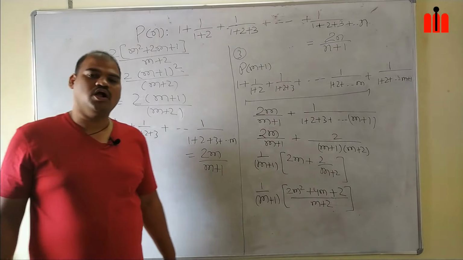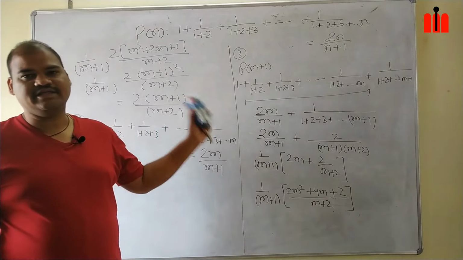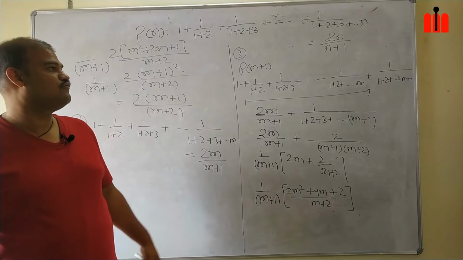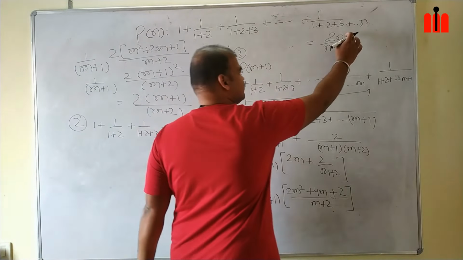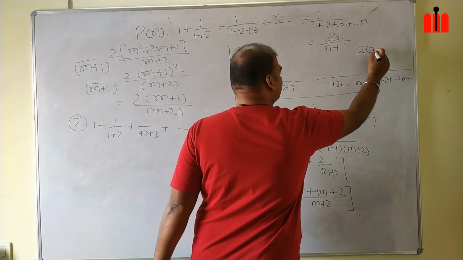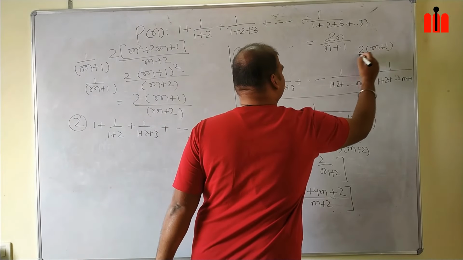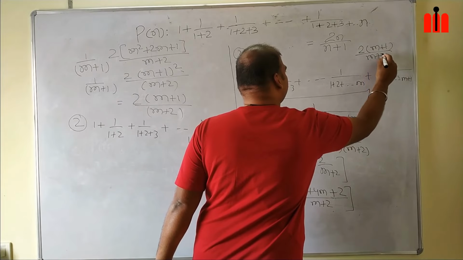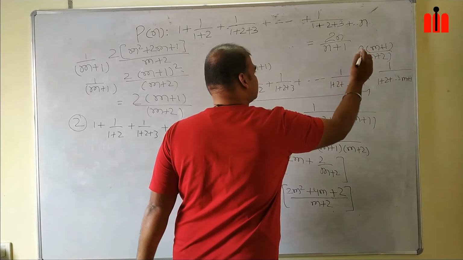Okay. Now what should be my RHS of P(m+1)? For that, let us substitute m+1 for n. Then we will get 2(m+1)/(m+2).